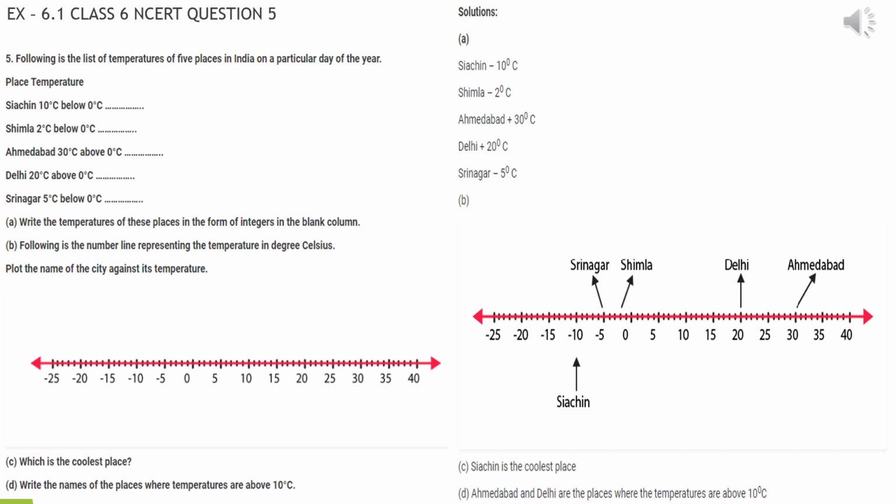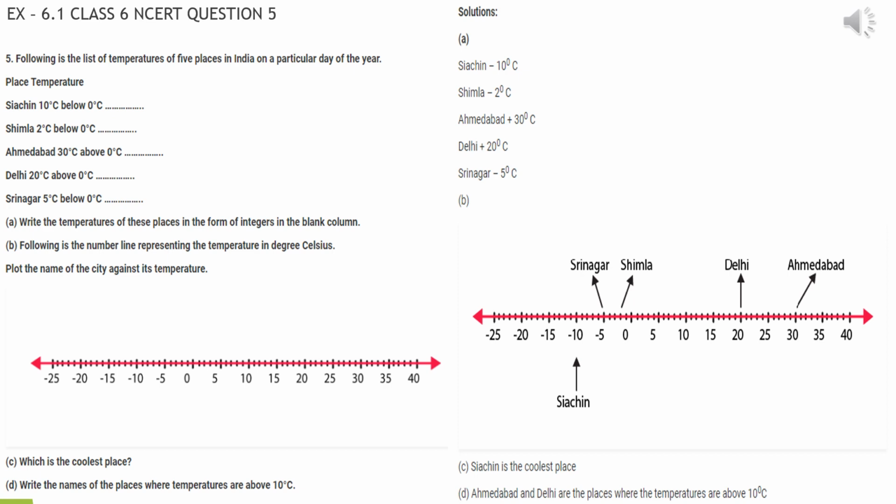So we will consider only negative integers for finding the coolest place, that is minus 10, minus 5 and minus 2. Now you might think about minus 2, but you are wrong, because in negative integers, the number which is greater in appearance is smaller in value. So the coolest place is Siachen, where the temperature is minus 10 degrees Celsius.